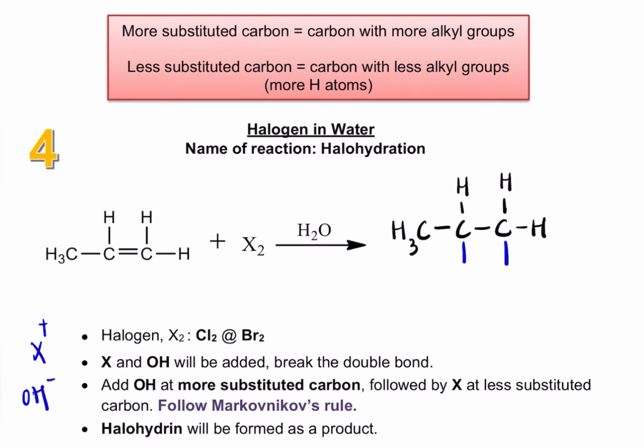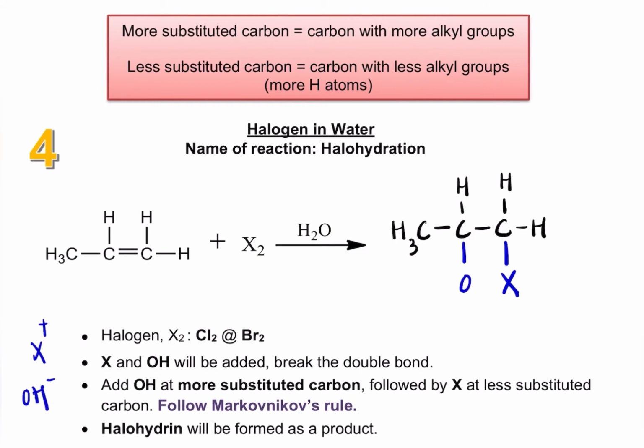We are going to follow Markovnikov's rule, where the more positive reagent, in this case our halogen X plus, will be added to the carbon that has more hydrogen atoms. We can see that this carbon has two hydrogens, so X will attach here. And the other carbon will attach to OH.